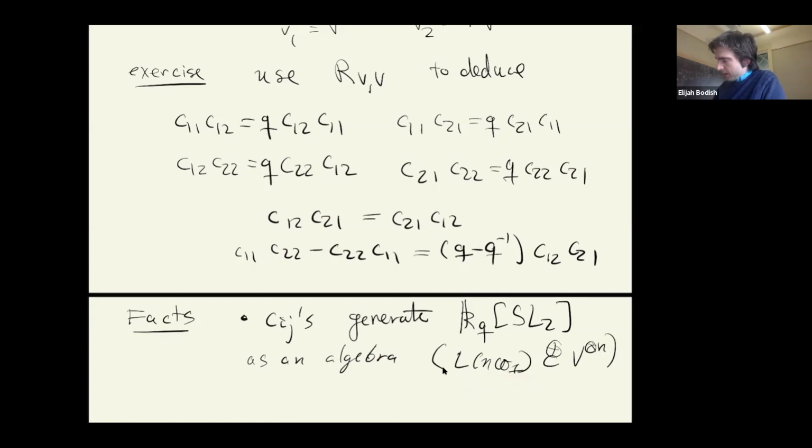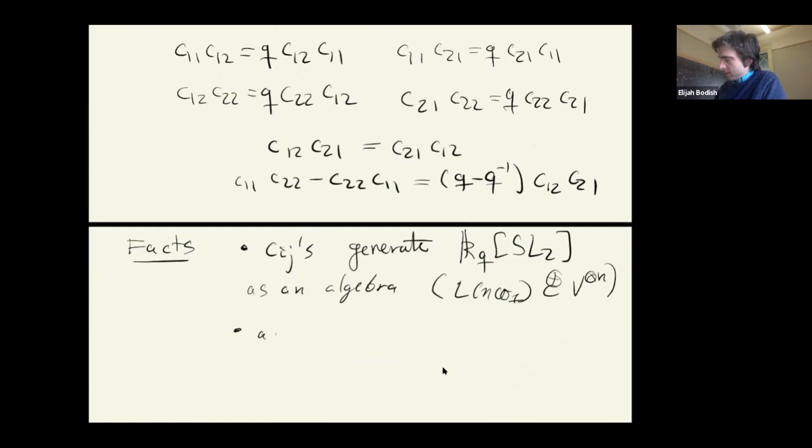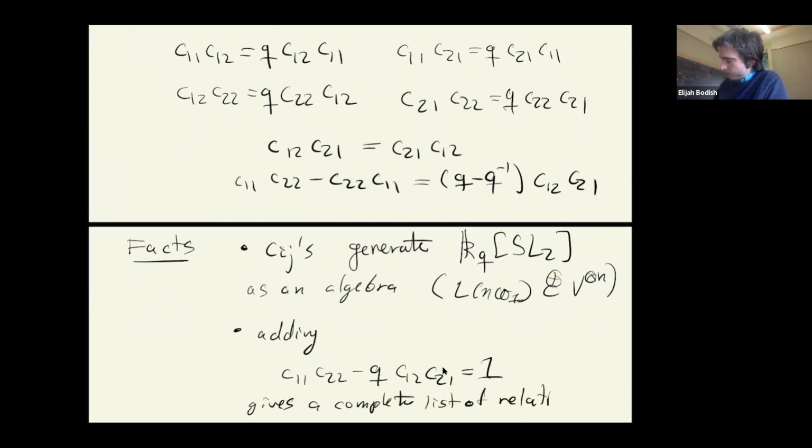And then the other thing to notice is that if you add the quantum determinant is equal to 1 relation, then this gives a complete list of relations, meaning that the quantum coordinate algebra of SL2 has a generators and relations presentation where you just have the C_ij's as the generators, these relations, and this relation.